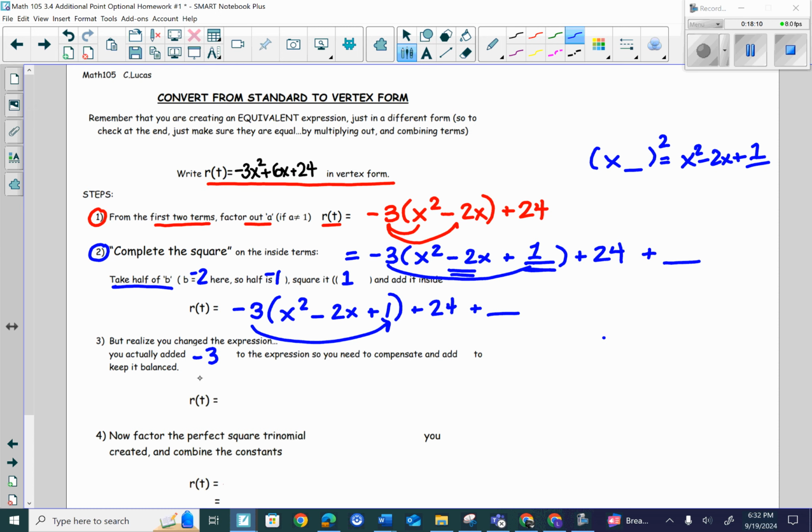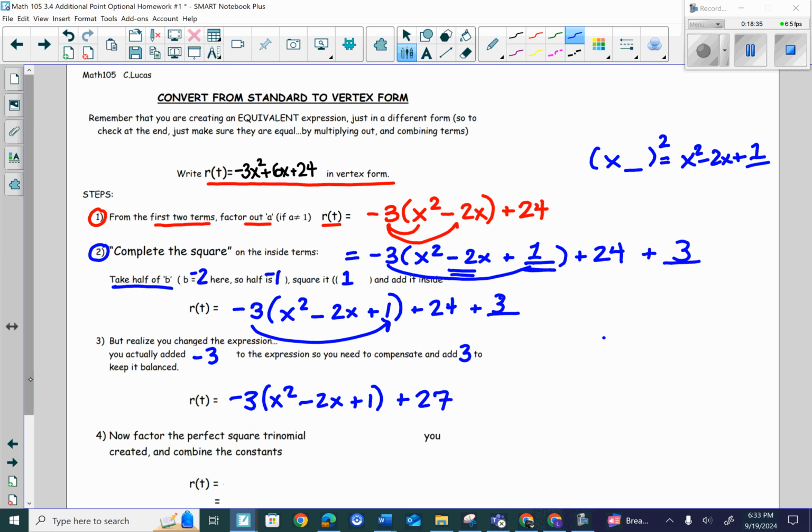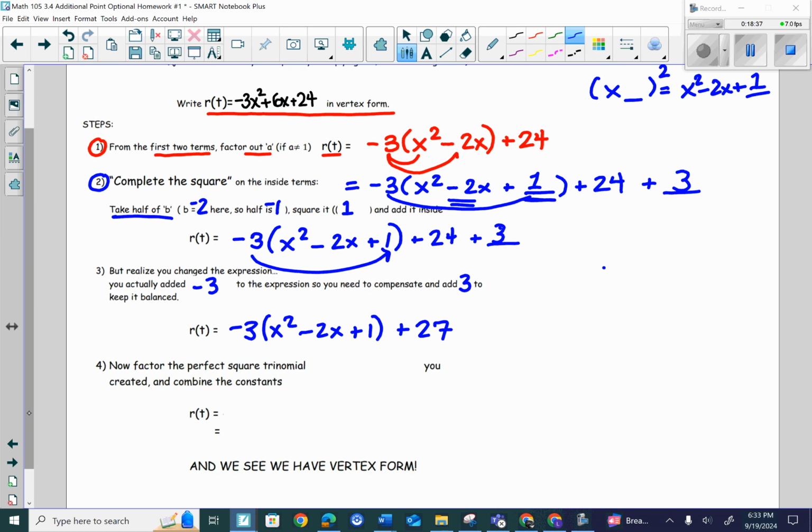In order to compensate for adding a -3, I have to add 3 to keep it balanced. Now they're equal. So I have -3 times x squared minus 2x plus 1, plus 27. That's still equivalent.